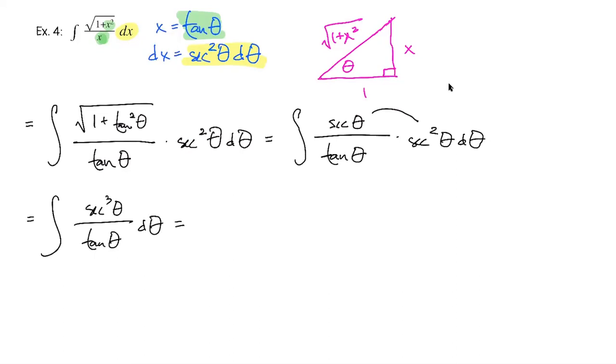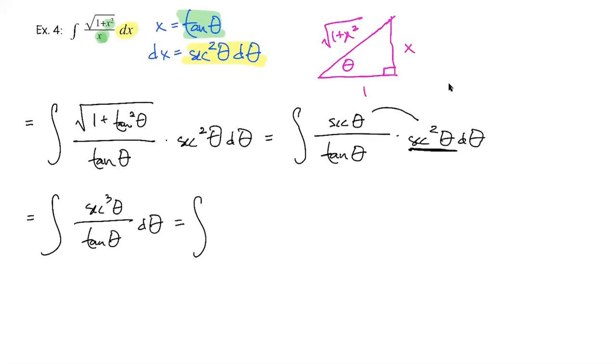And then we can actually take that secant squared and turn it into a tangent squared plus 1. So we're going to use that Pythagorean identity to have secant theta and then 1 plus tangent squared theta over tangent theta.